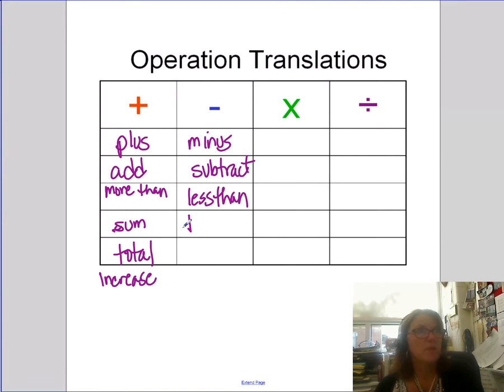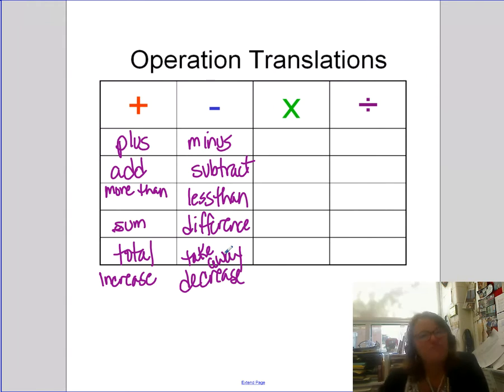Instead of sum, we would say difference. Instead of increase, decrease. I don't know if there's a good word pairing to be exactly the opposite meaning of total, but you could say something like take away. Sounds good. That's a pretty good list.